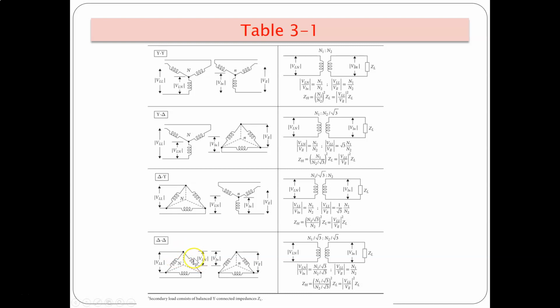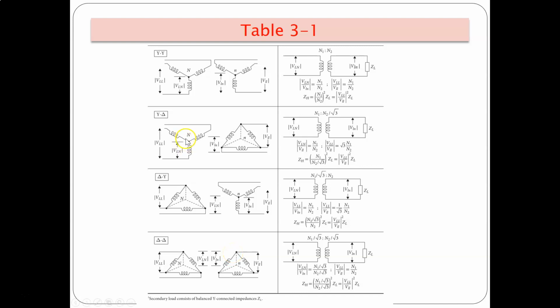The delta connections, however, provide a path for third harmonic currents to flow. This connection has the advantage that one transformer can be removed for repair, and the remaining two can continue to deliver three-phase power at a reduced rating of around 58% of the original bank. This is known as the V connection, if one of those is taken out.